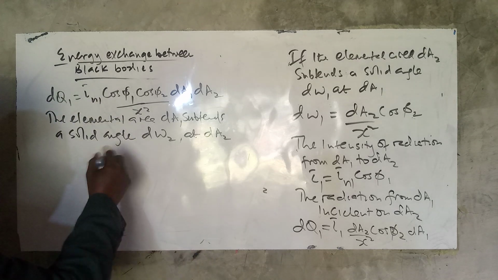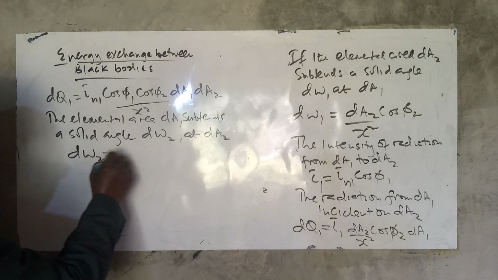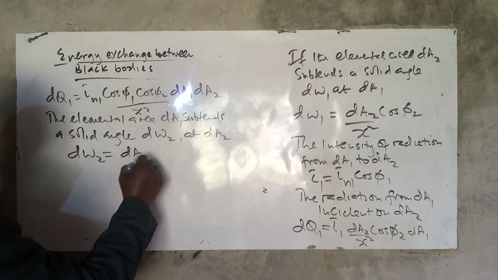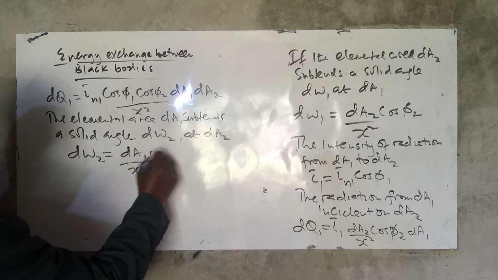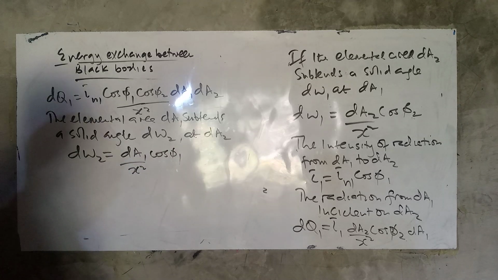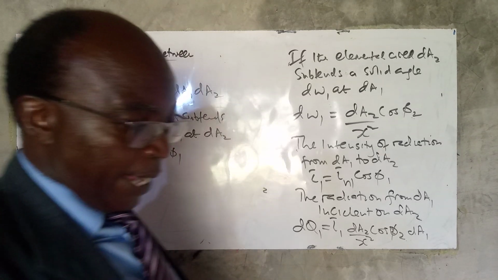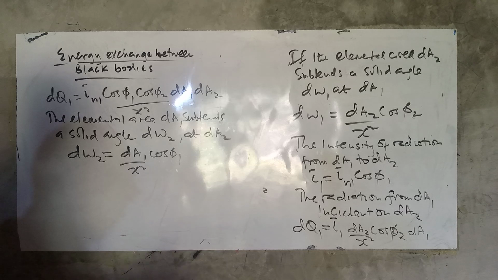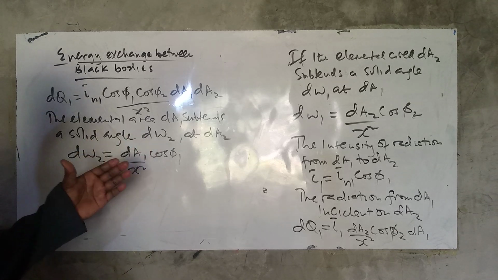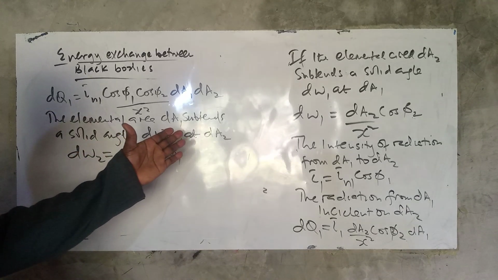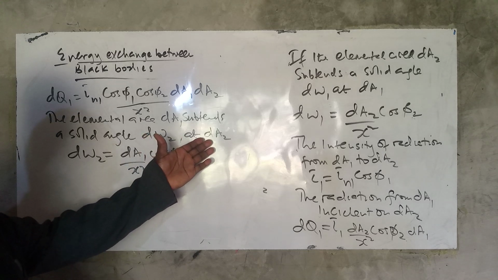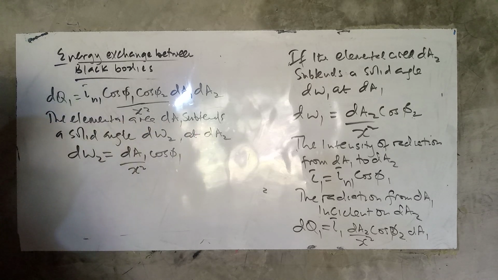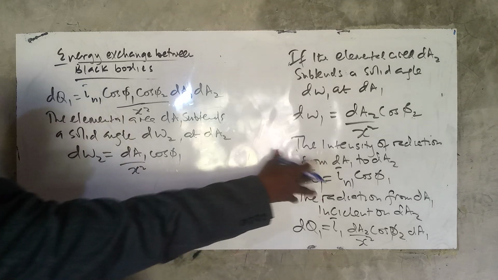So that d omega 2 will of course just be the same way, dA1 over x squared cosine phi 1. And once again, also the intensity of radiation from dA2 to dA1 will again be given in the same way.